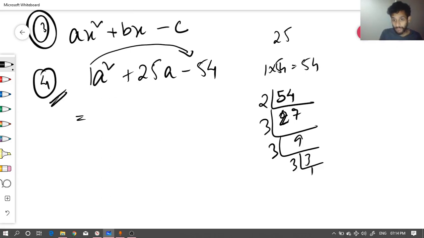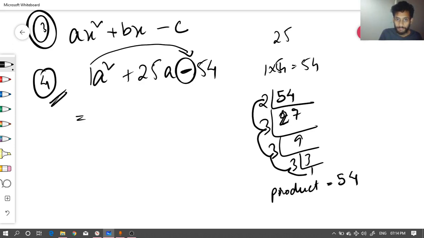After that we have all these numbers. We need to find two numbers whose product is equal to 54, and since there is minus here, their subtraction is equal to this number. So what are the numbers that can be?